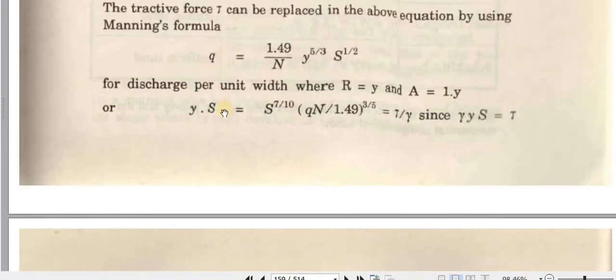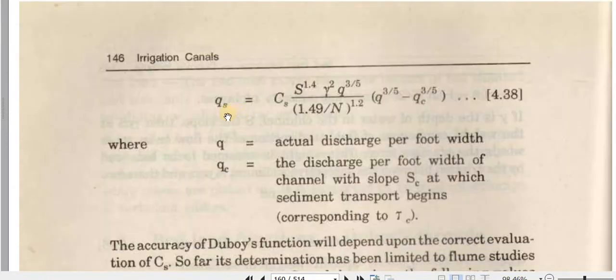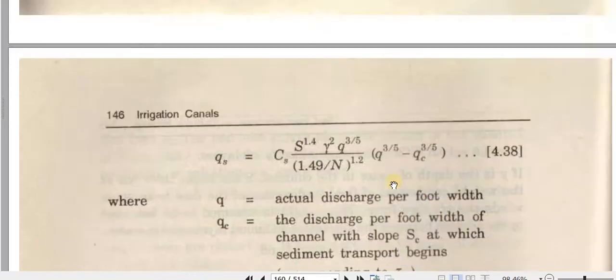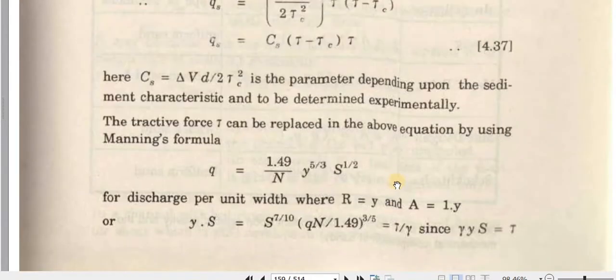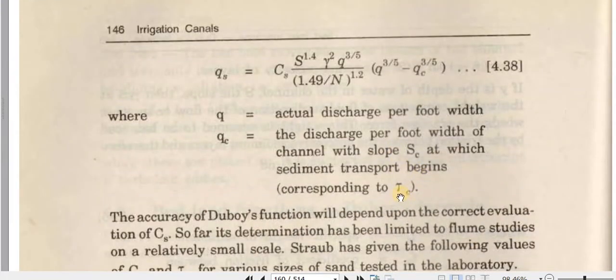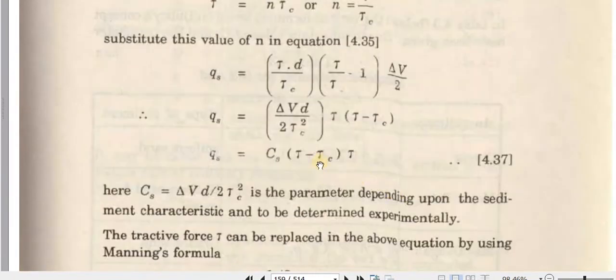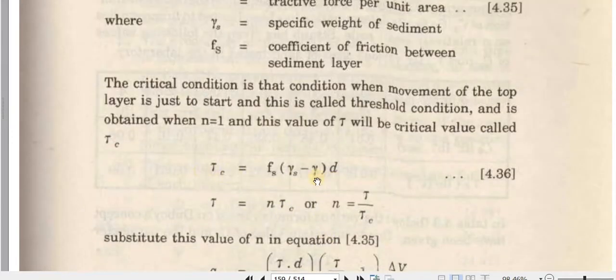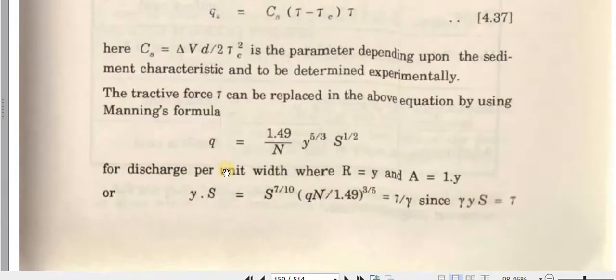Small q is equal to capital Q divided by bed width, and for Qs we have to enter q and q_c. q is the actual discharge per foot width, and q_c is the discharge per foot width of the channel with critical slope S_c. S_c corresponds to the critical tractive force. When the movement of the top layer has just started, the tractive force becomes the critical tractive force, and the slope is called the critical slope.